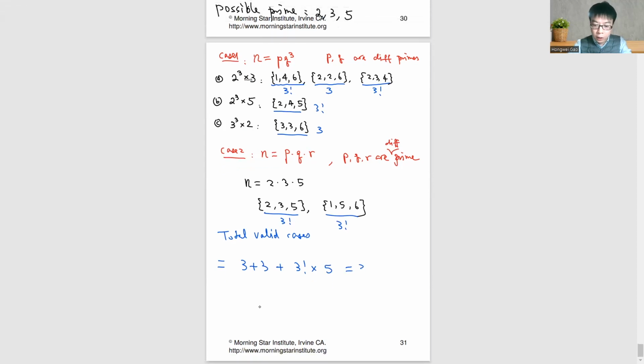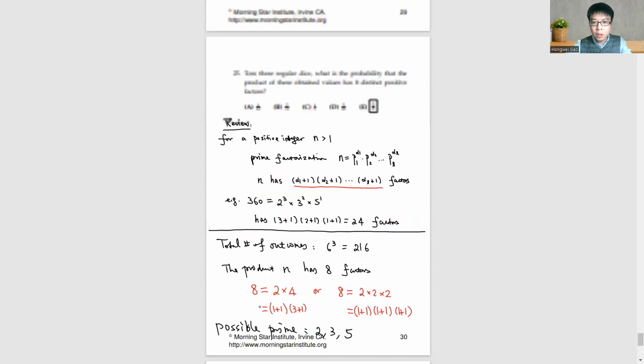Totally we have 36. Now the answer is this number over the total number of outcomes, which is 216. So the answer is 1 over 6. The question has answer E here.